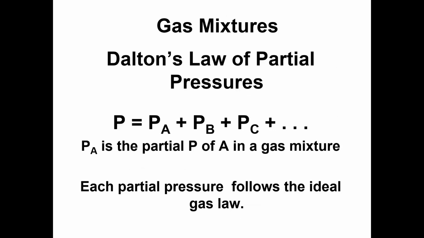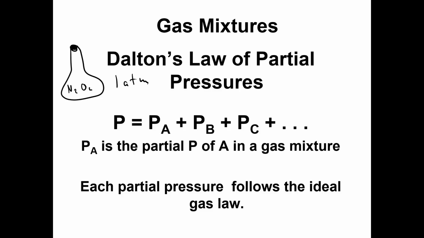Shifting gears just slightly, fairly simple concept here. It actually turns out if you have a mixture of gases, you can calculate the partial pressures of these gases and apply them individually to the ideal gas law, right? So let's make it simple: you have a 50-50 mixture of nitrogen and oxygen gas. You put this in a flask, it's sealed, and this flask is at 1 ATM.